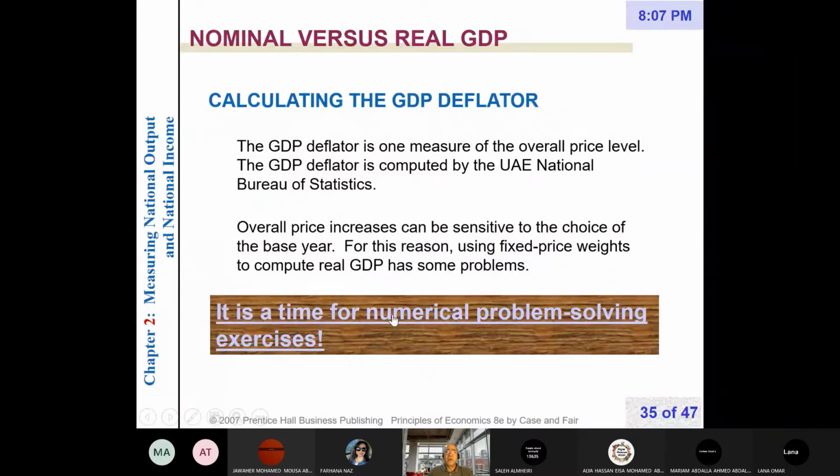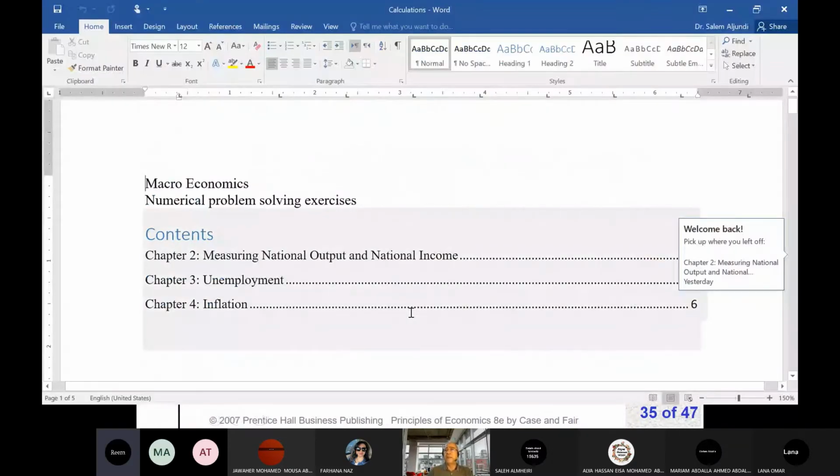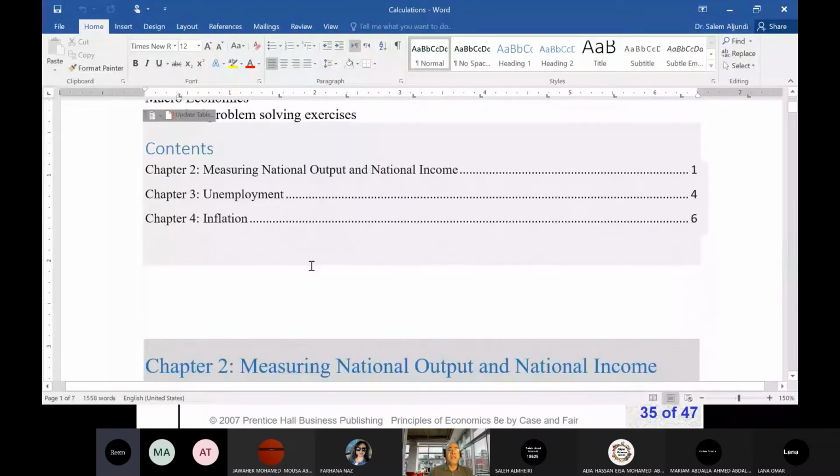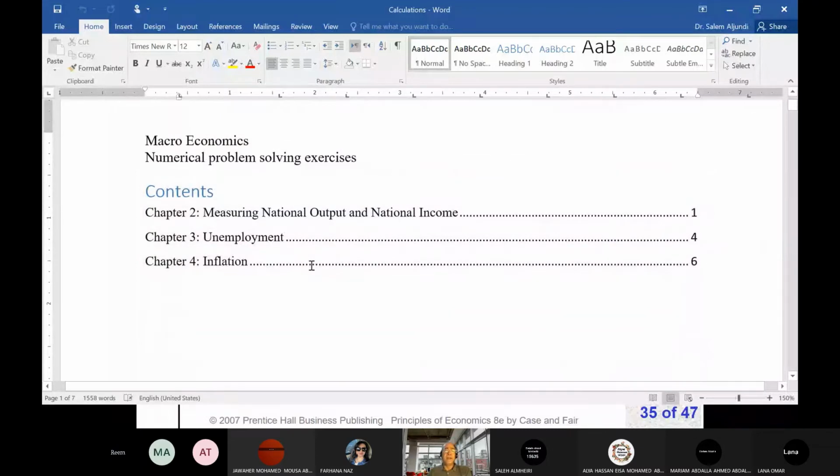Okay, let's go here. It is a time for numerical problem solving exercises. So I click here, we reach this one. This file is available in LMS.